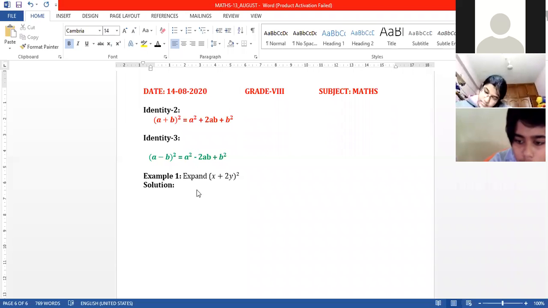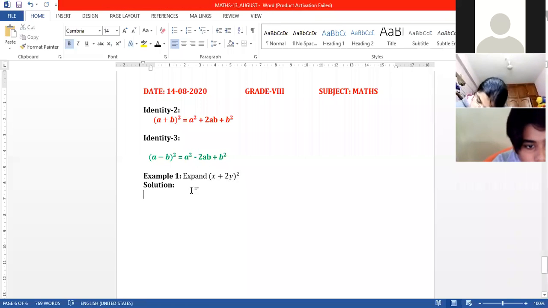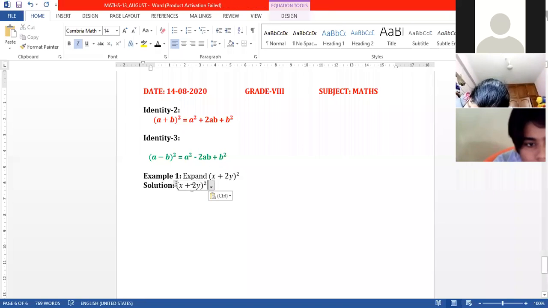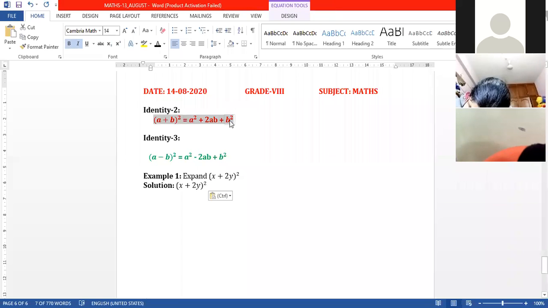Solution. X plus 2y whole square, it is looking like a plus b whole square identity. Now I want to apply here second identity.